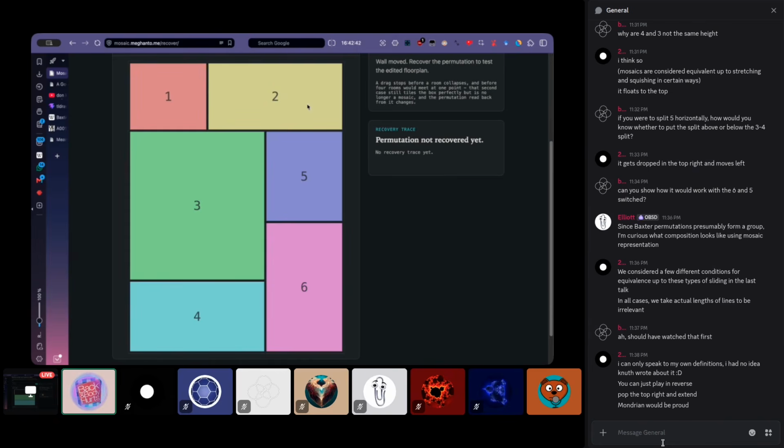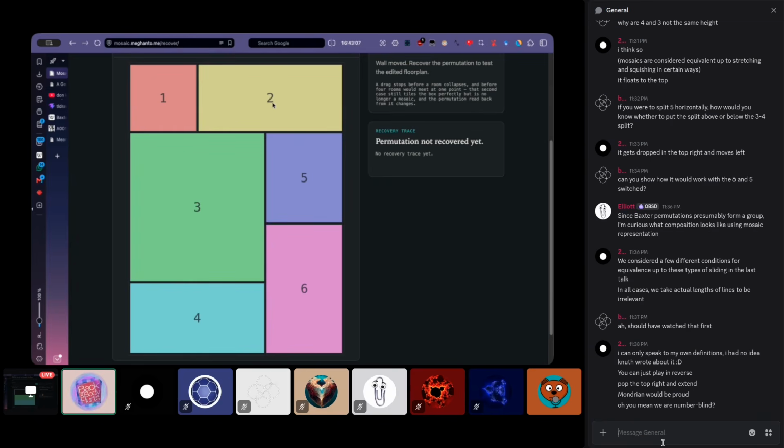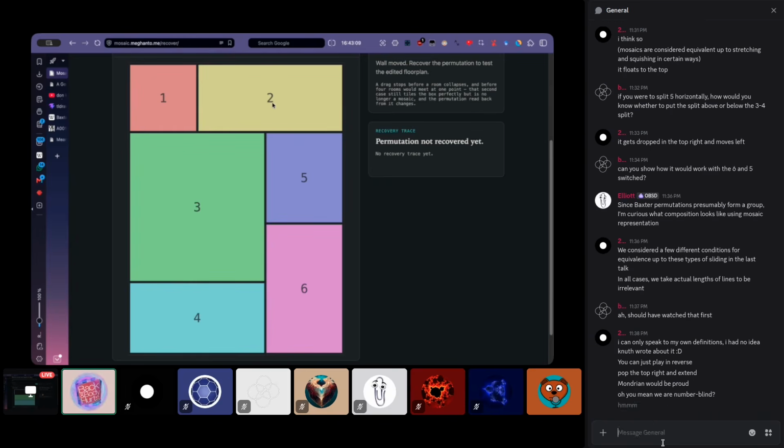But if you were not given these numbers, how would you still get the permutation back? Any ideas? If you had the numbers, it's easy. We're number blind. We cannot see the numbers.